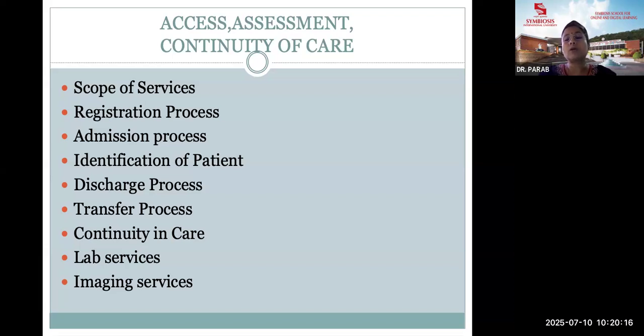It also talks about occupational safety, because there are people exposed to blood, body fluids in the lab, and there are people exposed to radiation in the radiology department. So it talks about occupational safety as well. And then it also talks about some quality measures like internal quality assurance, external quality assurance, and all of that. So this is by and large the gist of the first chapter.